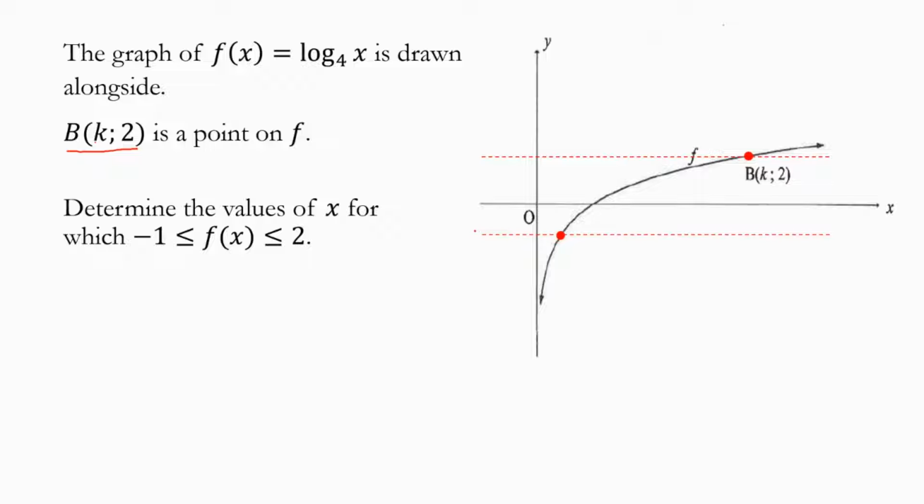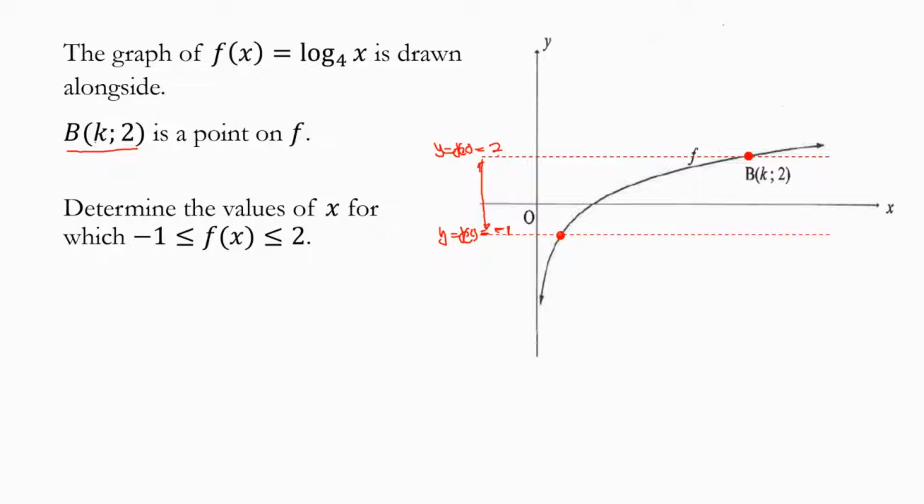So from y, which is f of x, equal to -1 up to y, which is f of x, equal to 2. So for which x values is this graph from -1 up to 2?